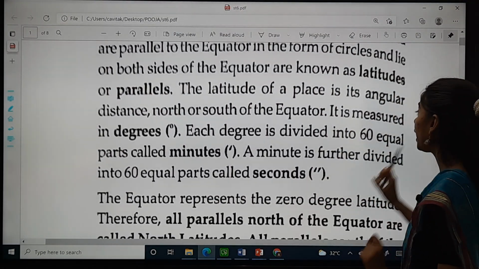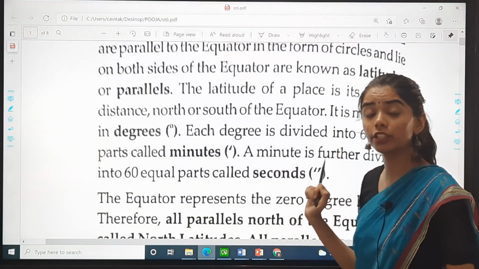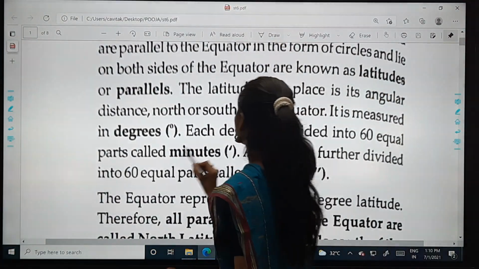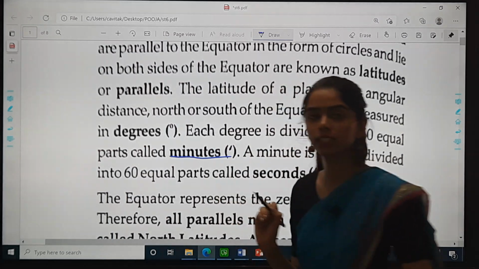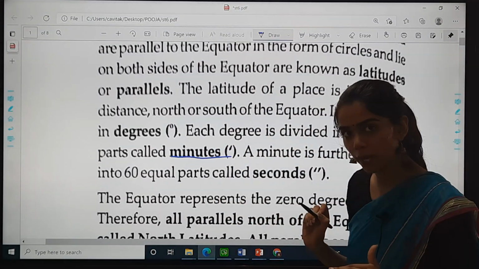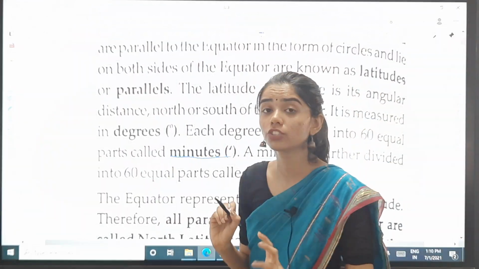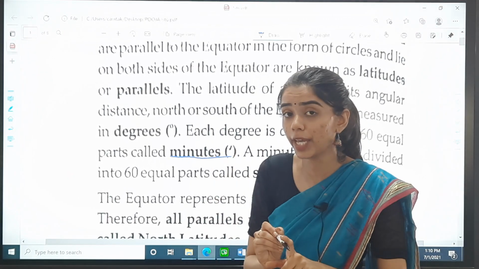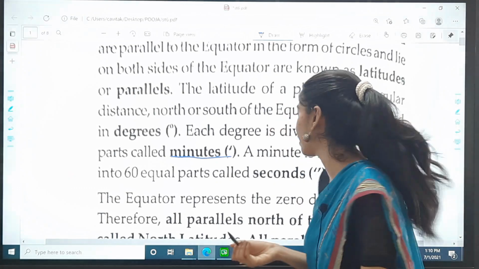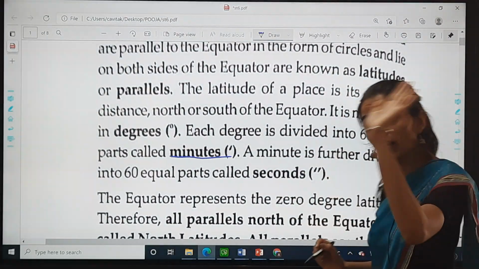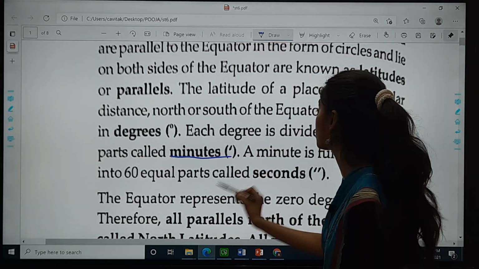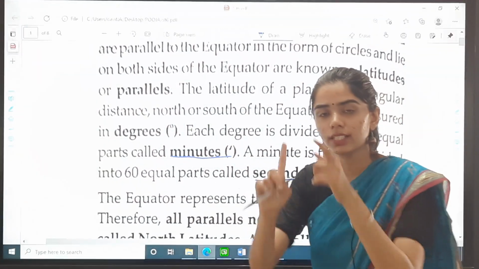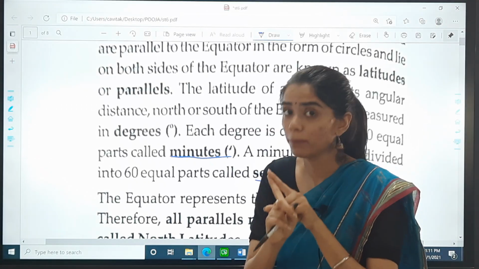And each degree is divided into 60 equal parts called what? Called minutes. 60 equal parts में divided है and उन्हें minutes बोला जाता है. हमने minutes के बारे में पढ़ा है, that is in time. A minute is further divided into 60 equal parts called seconds. सबसे पहला division was of minutes.